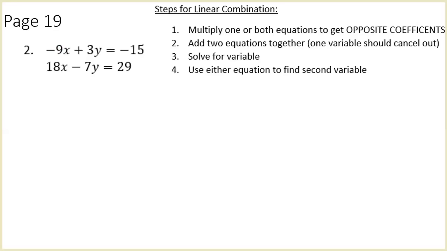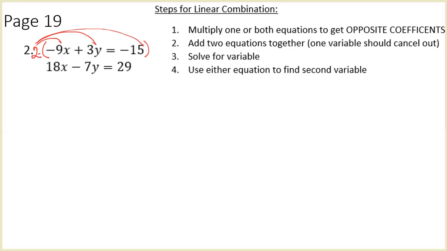So what I want you to do with your calculator is take this entire equation and multiply everything by 2. Not just x, but the entire equation is going to be multiplied by 2.